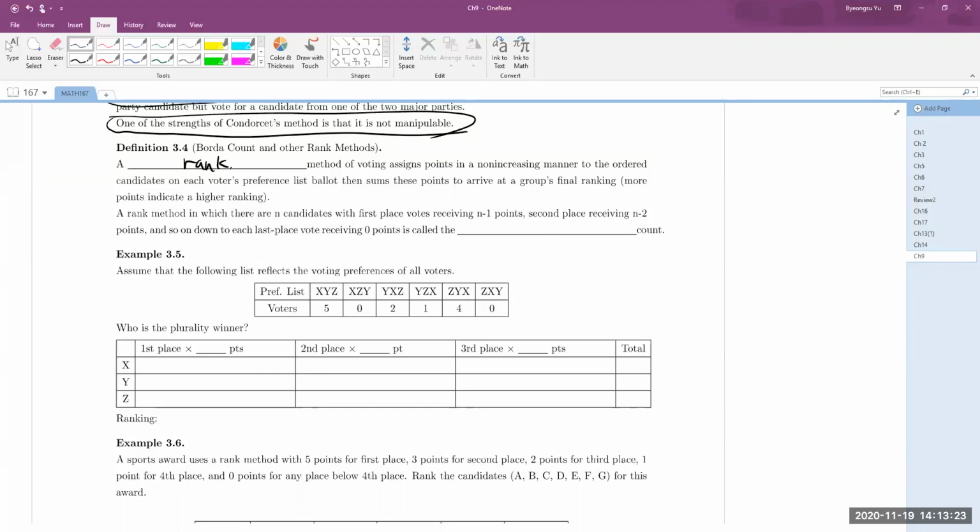There is also a special rank method. If you have n candidates, for example 3 candidates, then you have a preference list.